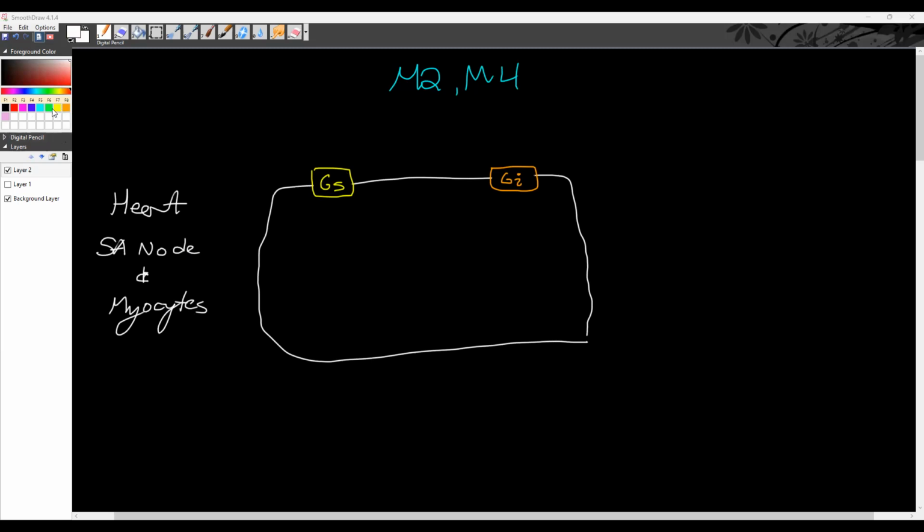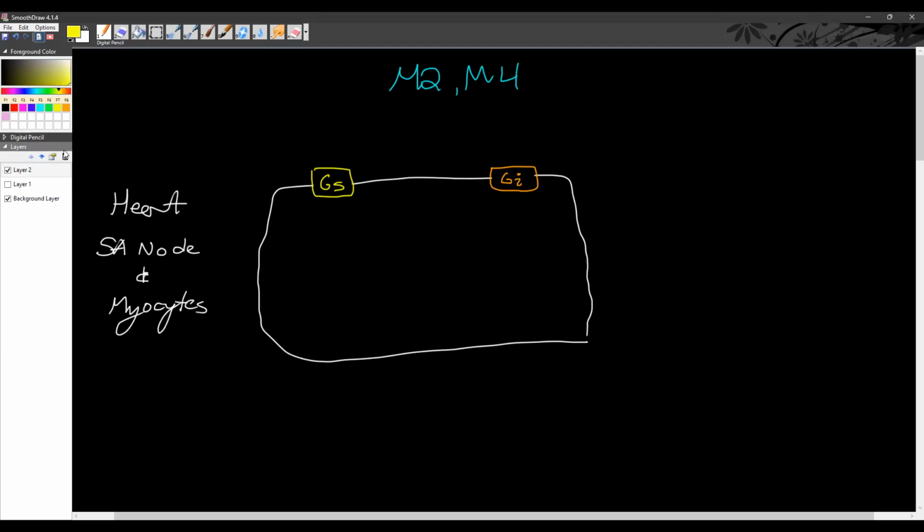So what happens in the SA node in the myocyte? Okay. Just like before, GS is going to stimulate adenylate cyclase, which is going to increase cAMP production, which is going to cause two effects.